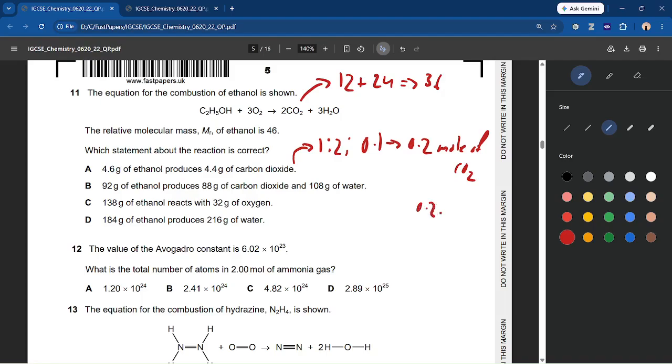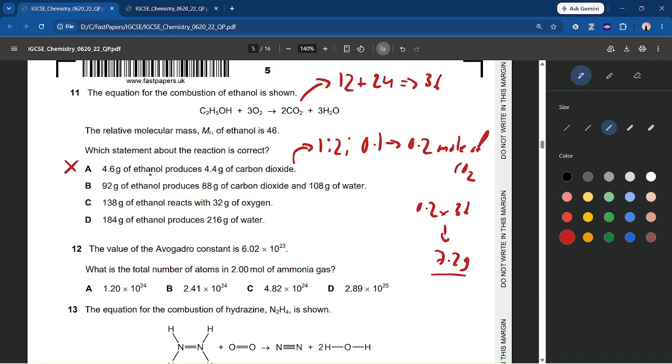So 0.2 into 44 is 8.8 grams. So this is incorrect. Of course, 4.6 divided by 46 is 0.1, yeah. Sorry, fine.